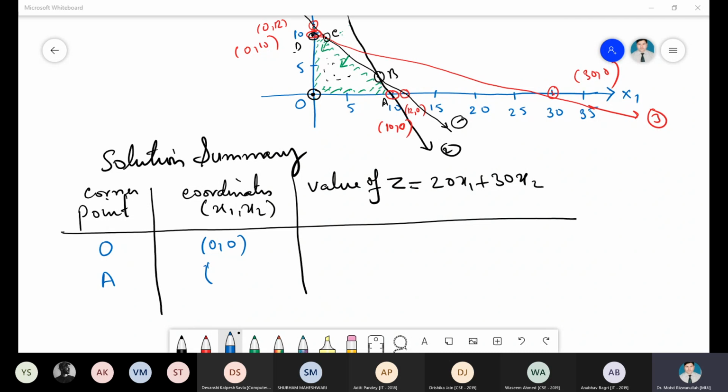Aditi, Aniket, Devanshi. 10, 0. 10, 0. Very good.